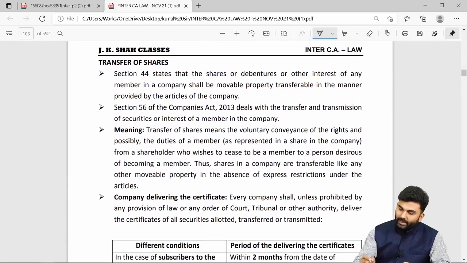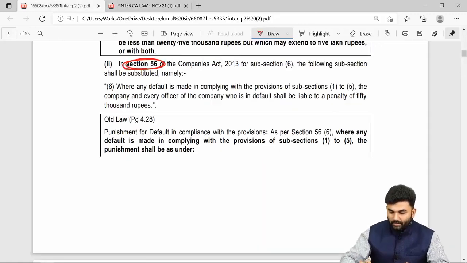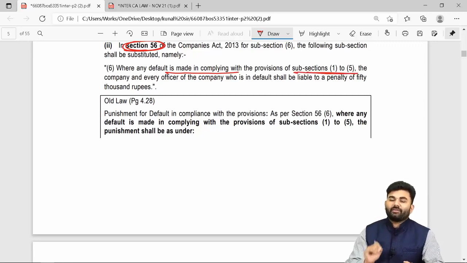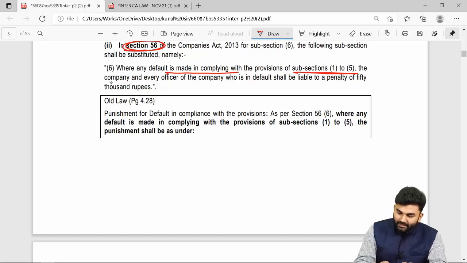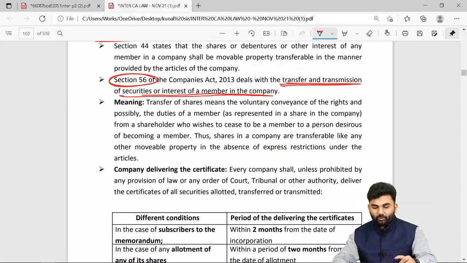Over here, the lawmaker says where any default is made in complying with the provision of subsection 1 to subsection 5, means any provision of section number 56 is been contravened, then the company as well as every officer of the company who is in default shall be liable to a penalty of rupees 50,000.